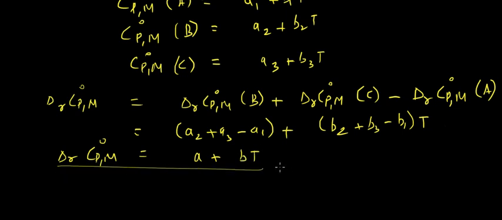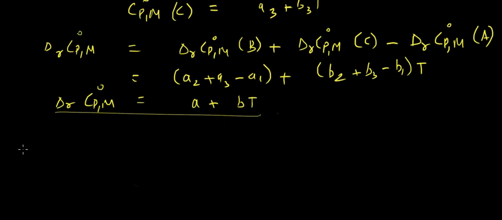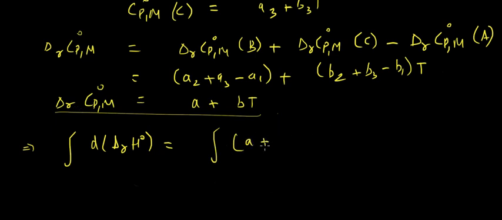Okay, so using the same we can write the integration of d of delta RH naught as the integration of delta R CPM dT, which is (A plus BT) times dT.